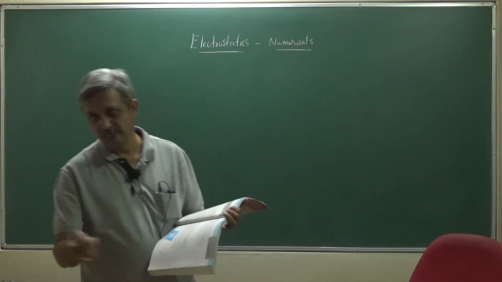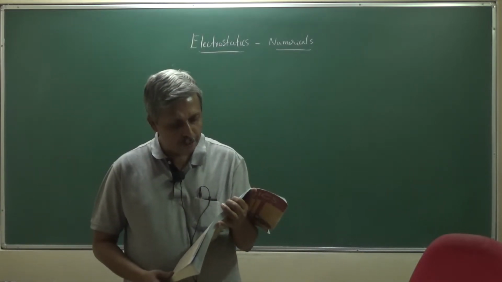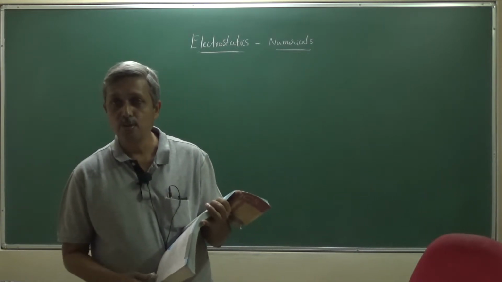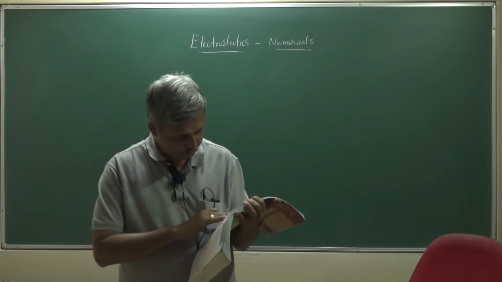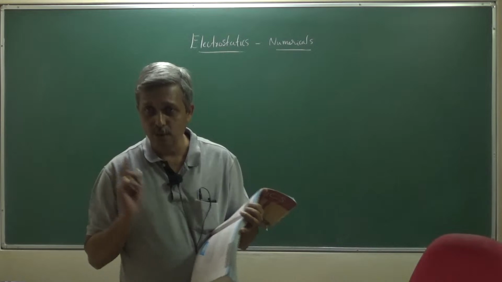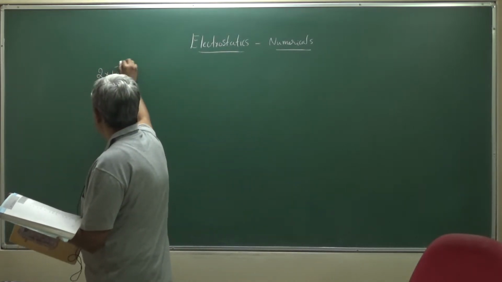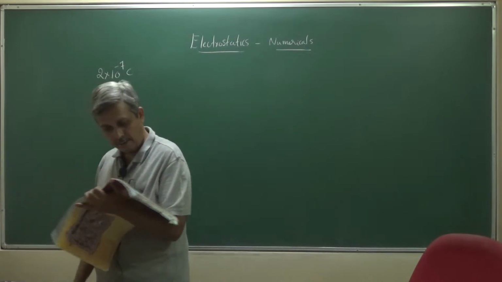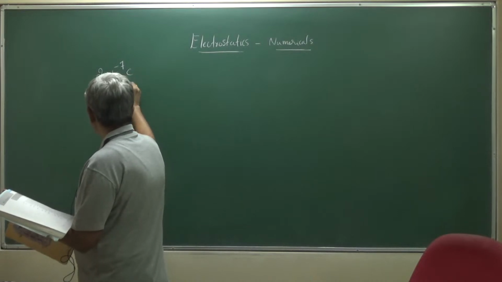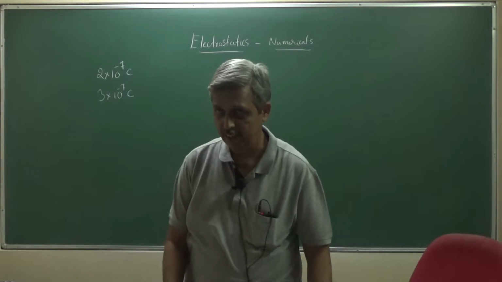Let me dictate the question very quickly, write it down, and then we will solve it. What is the force between two small charged spheres having charges 2 into 10 power minus 7 coulomb and 3 into 10 power minus 7 coulomb, placed 30 centimeter apart in air?